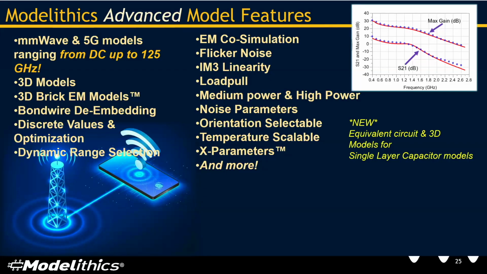Additional parameters include noise parameters, orientation and selectability for capacitor models, EM circuit co-simulations that we spoke about, and more. So temperature scalability is another parameter. And also some models include bond wire de-embedding and so forth.